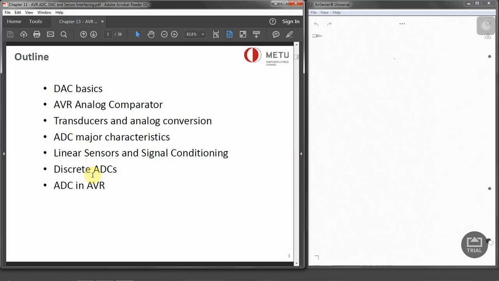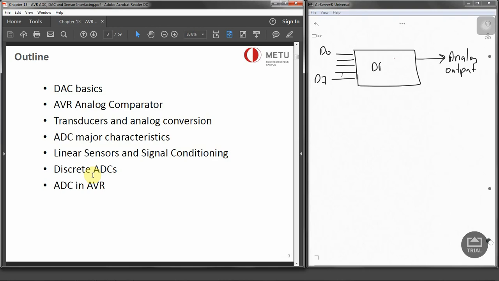So when we consider a DAC, let's have a block diagram here. We have a set of inputs coming in, D0 to, let's say, D7, and we have an analog output. For this conversion to be performed, we also need a reference current or a reference voltage.